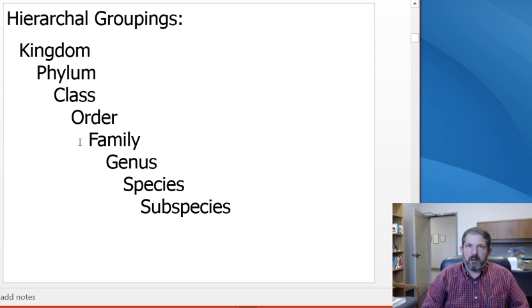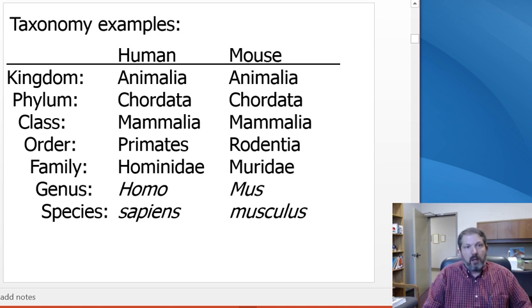And we can see how everything's related, and we can estimate how long ago this group branched off here, this group branched off here. Did snakes come from lizards? Did lizards come from snakes? Did they share a common ancestor? What was it? We can answer those questions a lot better now as we have more and more genetic tools available to us.